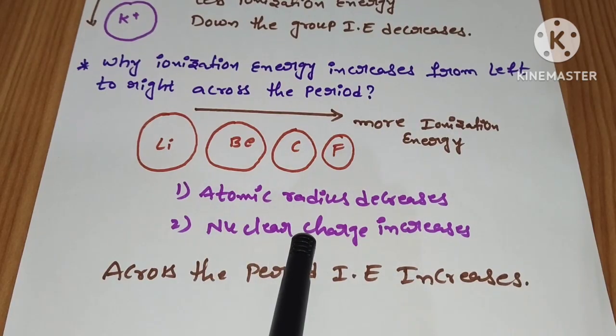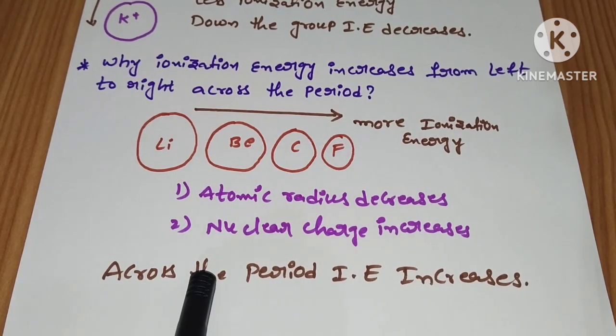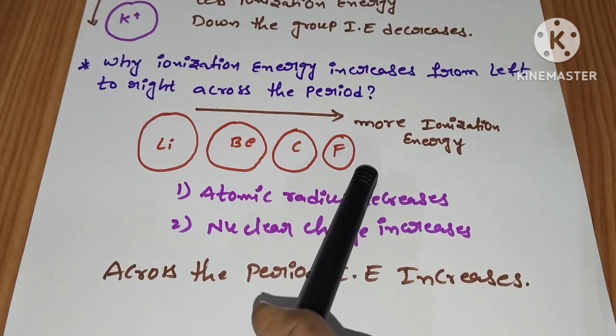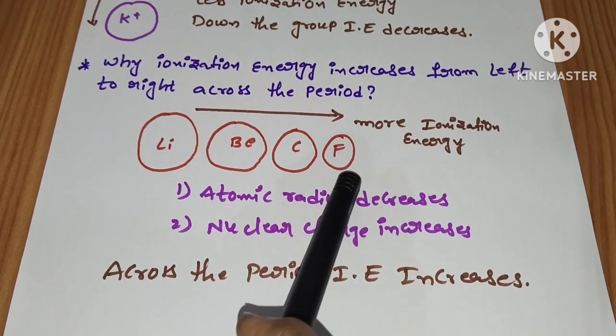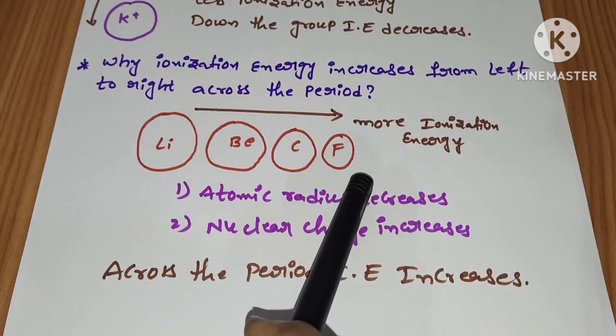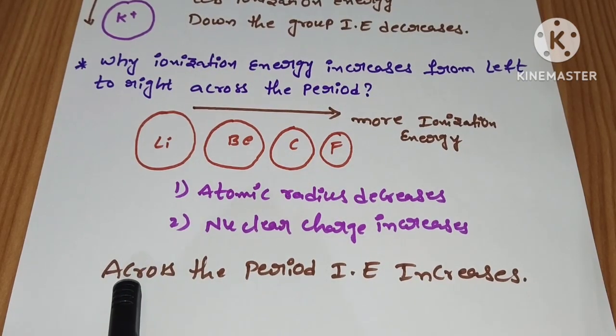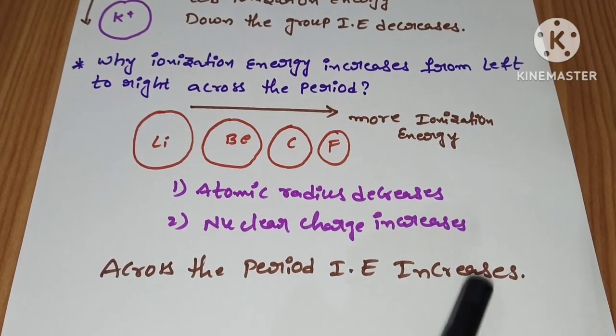Similarly, nuclear charge increases. It is very difficult to remove an electron from an atom like fluorine. So, more ionization energy is required. Therefore, we said that ionization energy increases from left to right across the period.